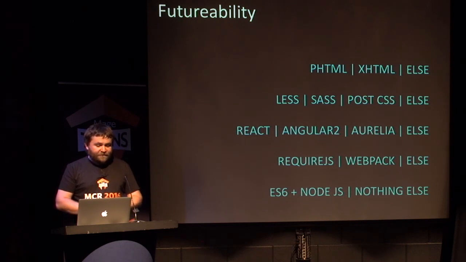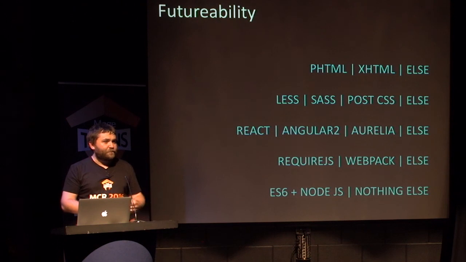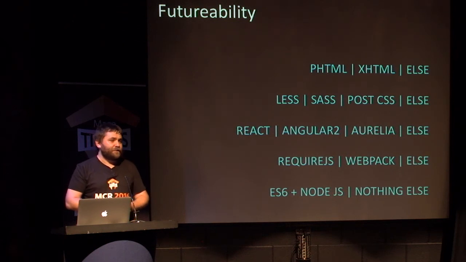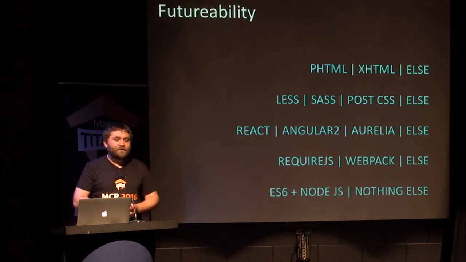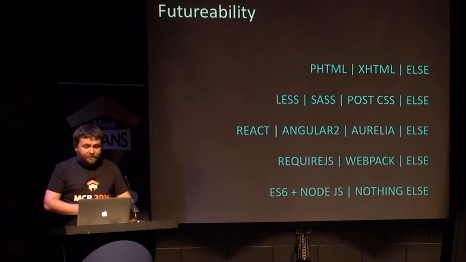And ECMAScript 6 plus Node.js, that's absolutely the only option, I think, that in not far future we all will be observing, that will become a standard and the main development environment, and who knows, maybe even production. So that's the featureability.